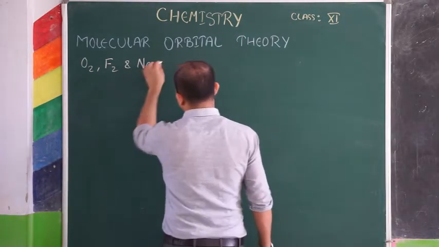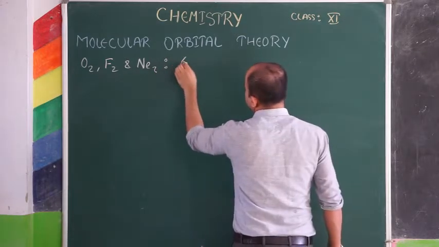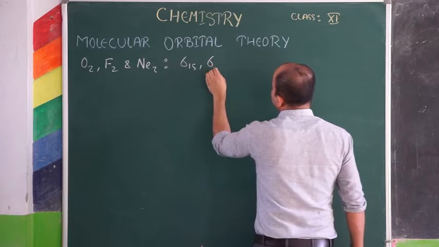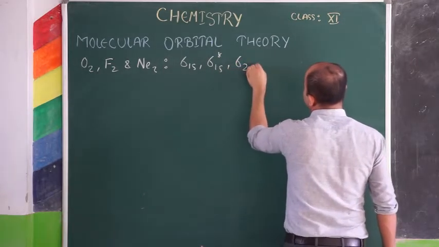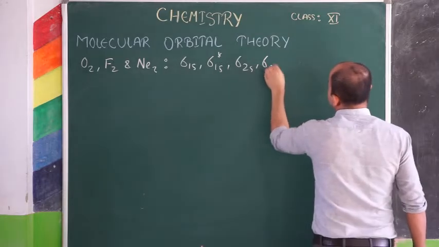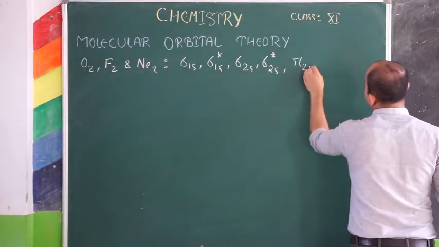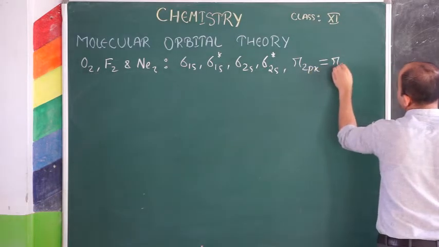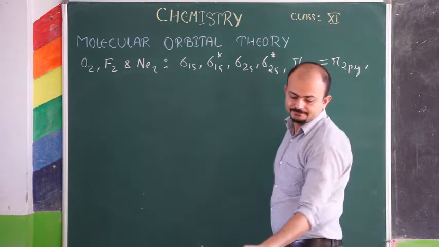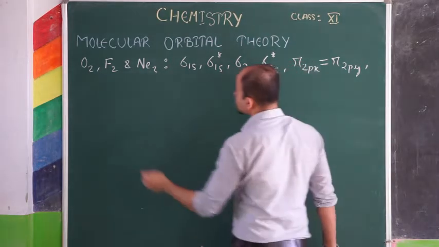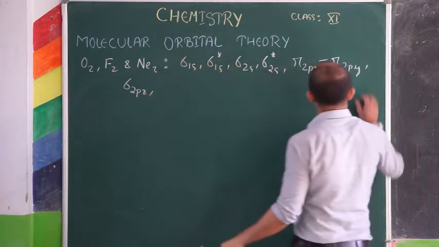So for this, what you have is the sequence. The lowest one is what? Sigma 1s, then comes sigma 1s star, then comes sigma 2s, then sigma 2s star, then you have what? Pi 2px, which is equivalent in energy with pi 2py, then you have sigma 2pz.